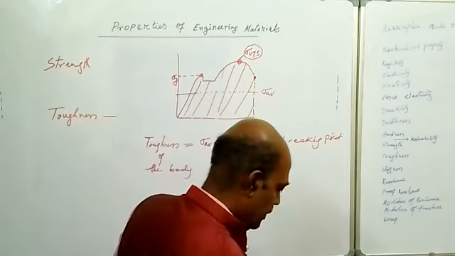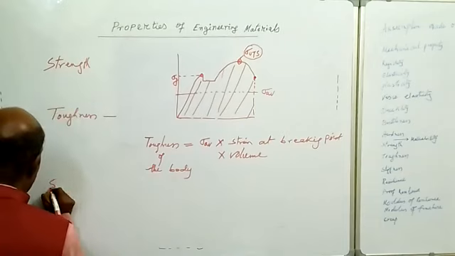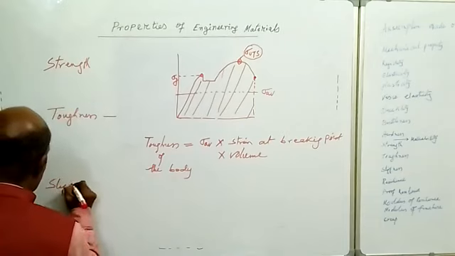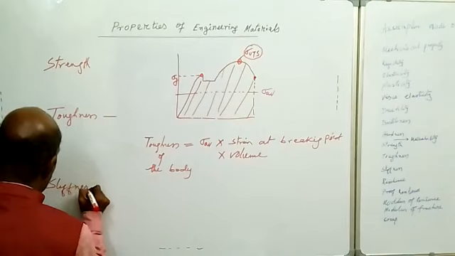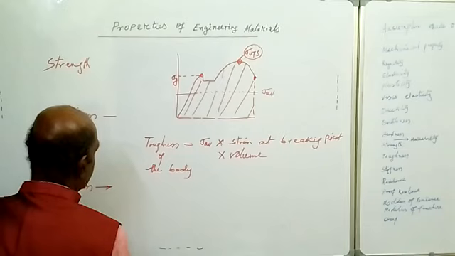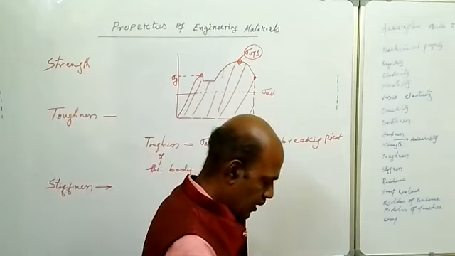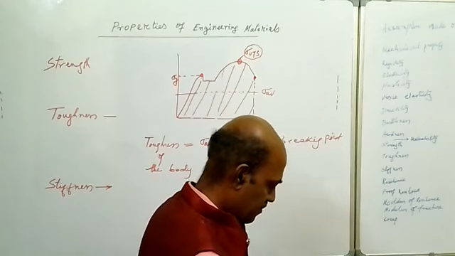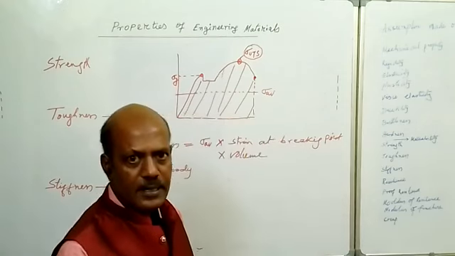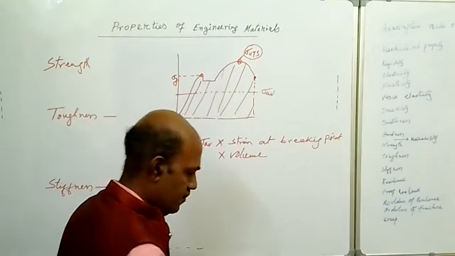Next we will see another property, that is called stiffness. So what is stiffness? This term is mostly used in springs. It is defined as the load required per unit deflection.